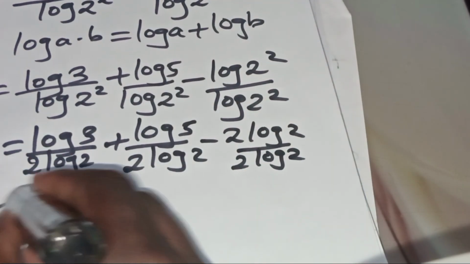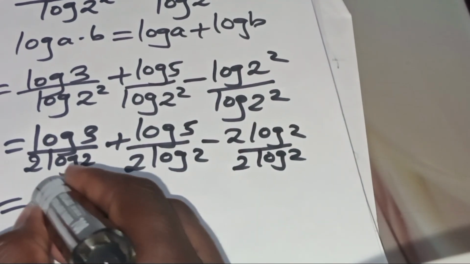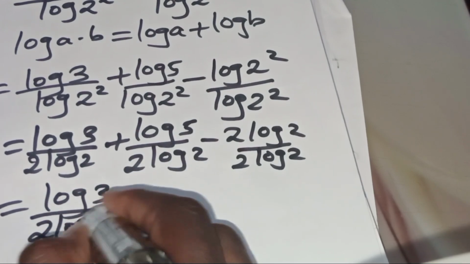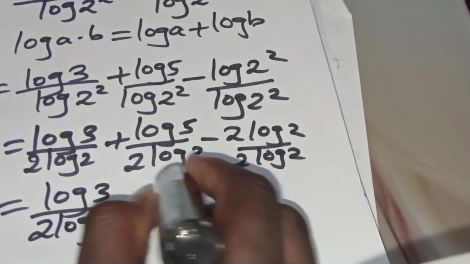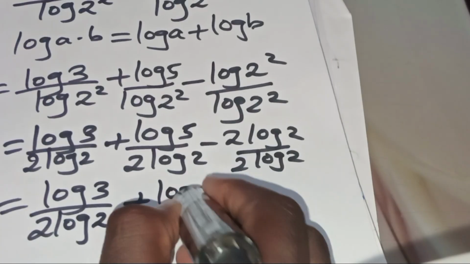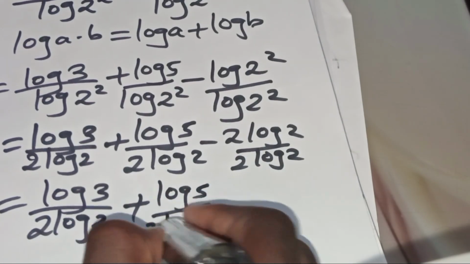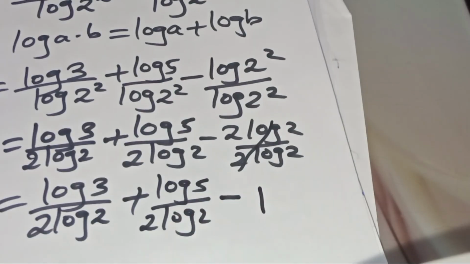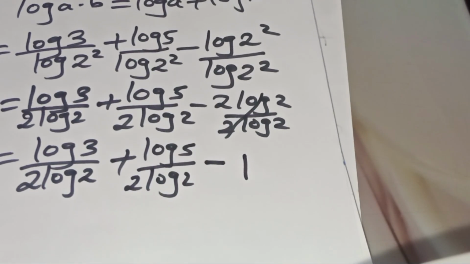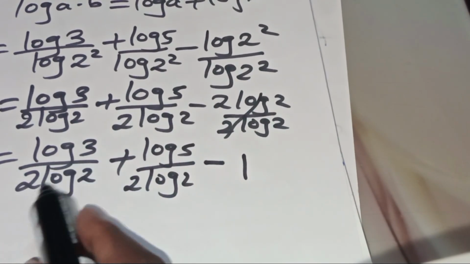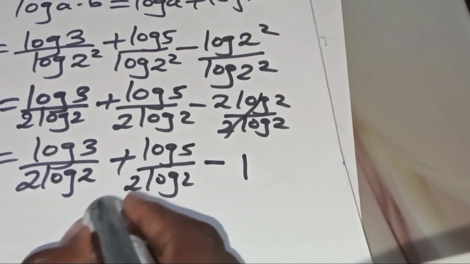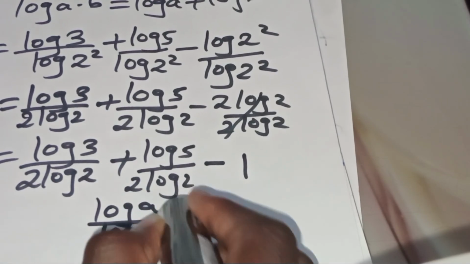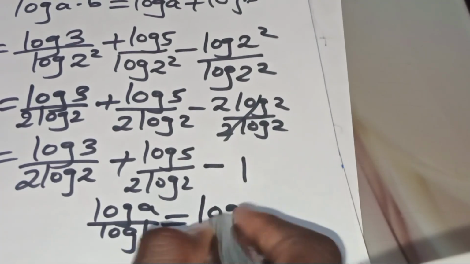So this is x is equal to, now this is the same thing as log 3 divided by 2 log 2 plus log 5 divided by, this is 2 log 2, subtract 1, okay? So log 3 divided by 2 log 2, this is actually in the form of log a divided by log b, which we can express as log a to base b.